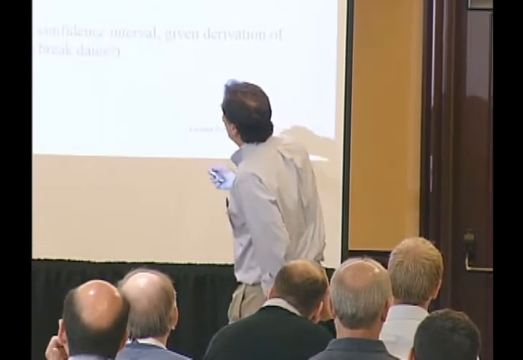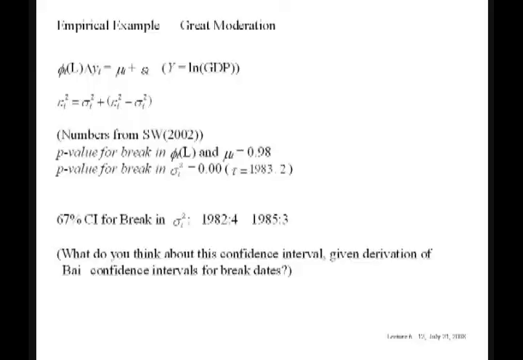The only wrinkle here is that before I had a break date and a mean, and I thought about a break in the mean. Now I'm talking about a break in variance.